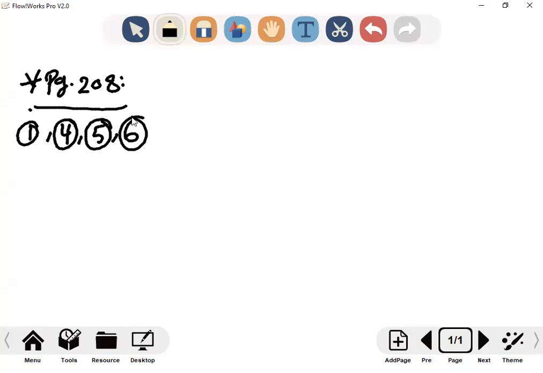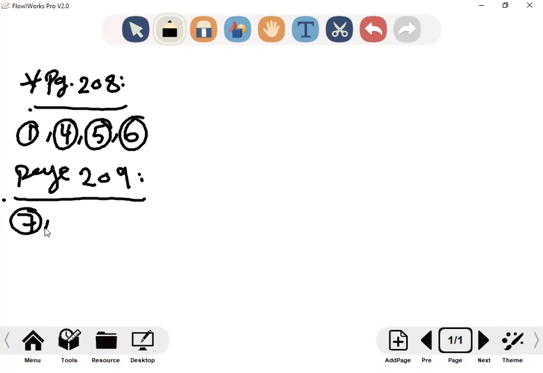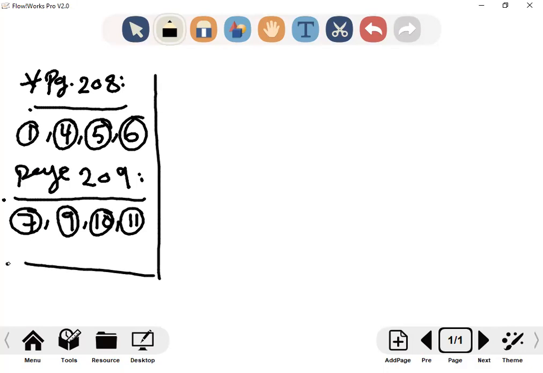And on page 209, we will do questions 7, 9, 10, and 11. So open your copybook and start solving these questions.